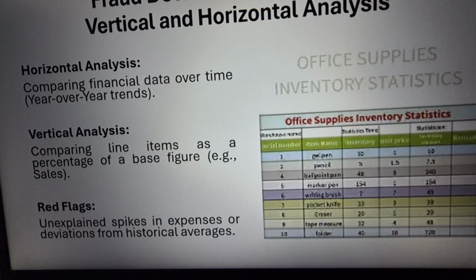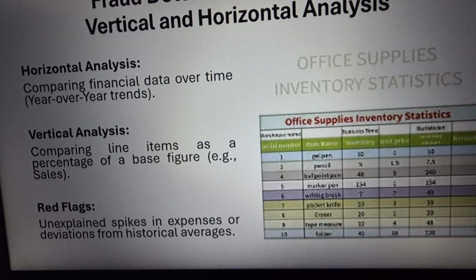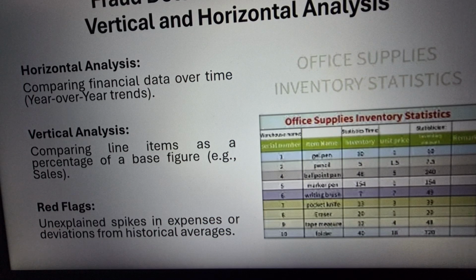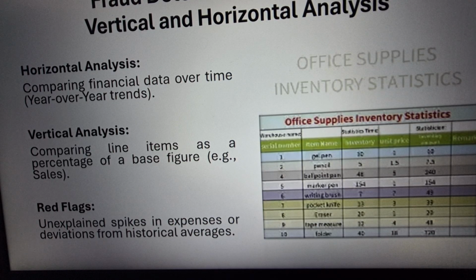If our office supplies expense has historically been 1% of our revenue but suddenly jumps to 5% this quarter without explanation, that is a red flag. By constantly comparing current data against historical baselines, we can spot skimming or fictitious billing schemes early.